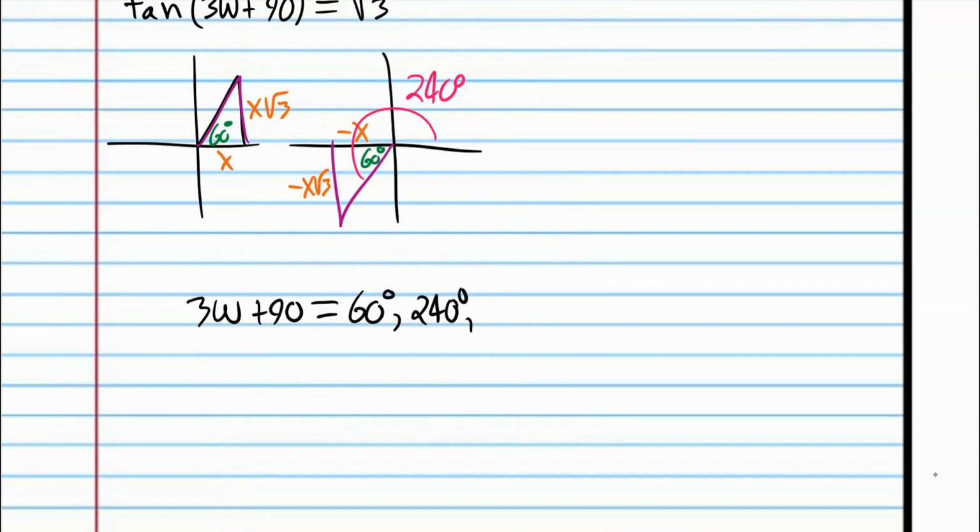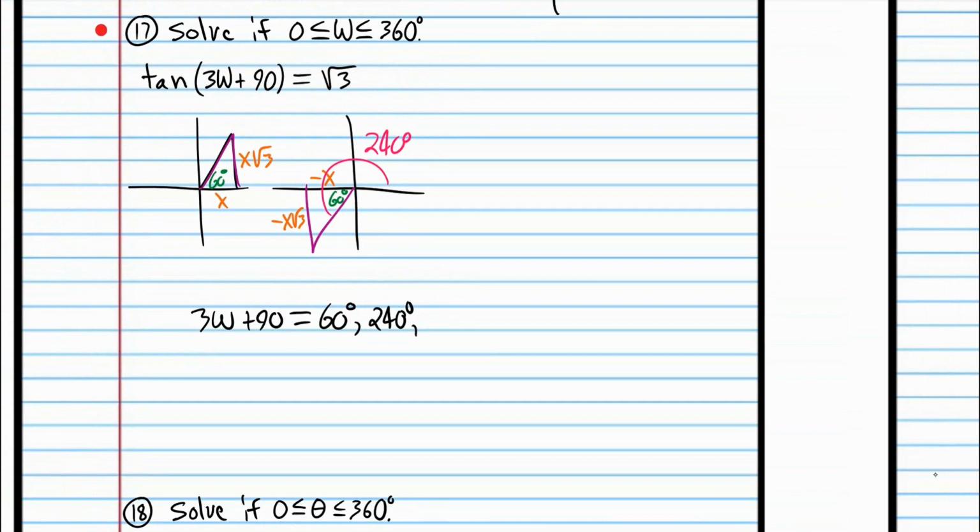But I think we need to find some other numbers just to be safe. So 60 plus 360 is 420, so we're finding coterminal angles. 240 plus 360 is 600. And 420 plus 360 is 780.